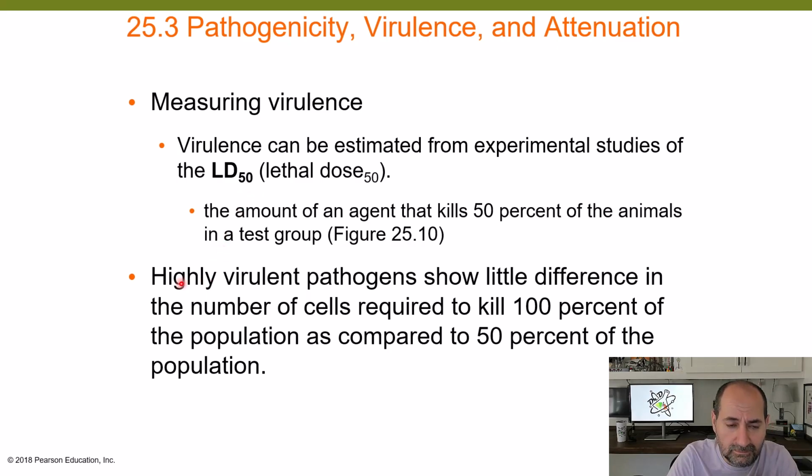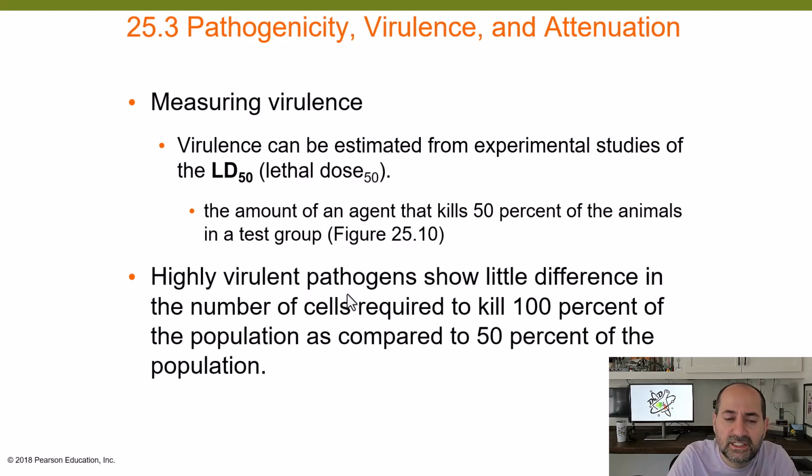And as you would expect, highly virulent pathogens, these are pathogens with several virulence factors usually, show little difference in the number of cells required to kill 100% versus 50%. And highly virulent pathogens usually have a much lower LD50.